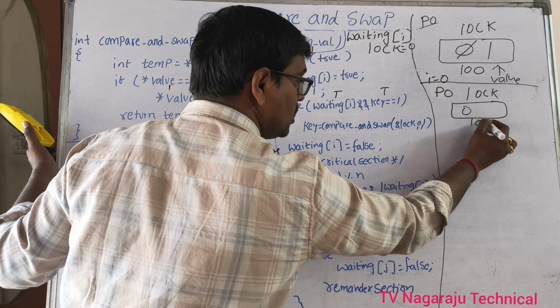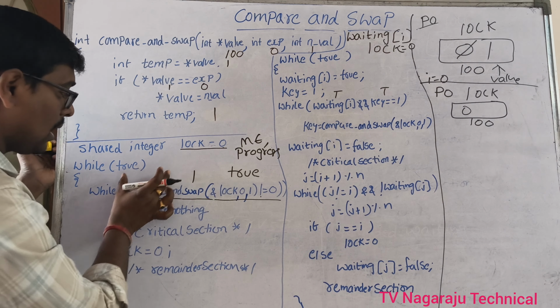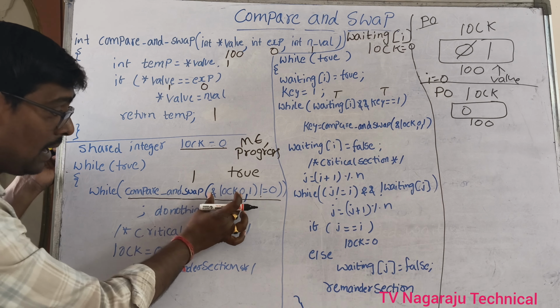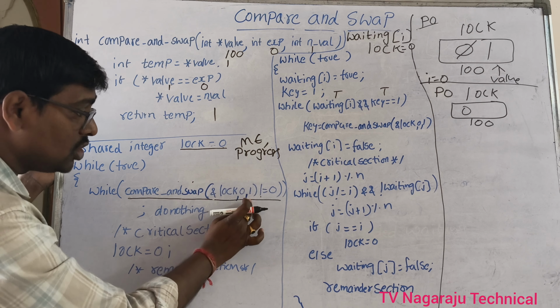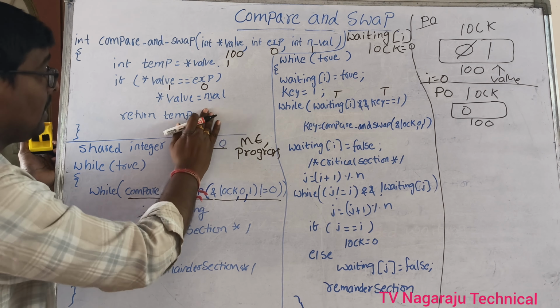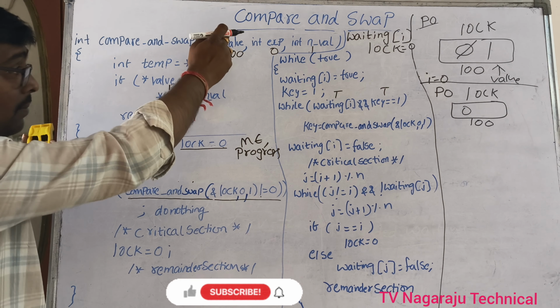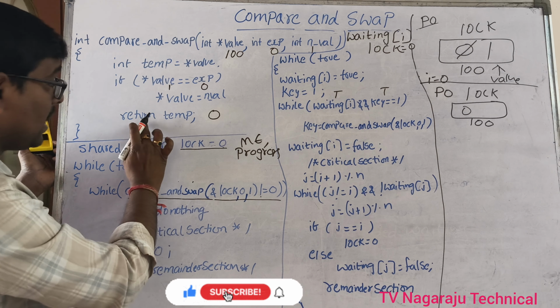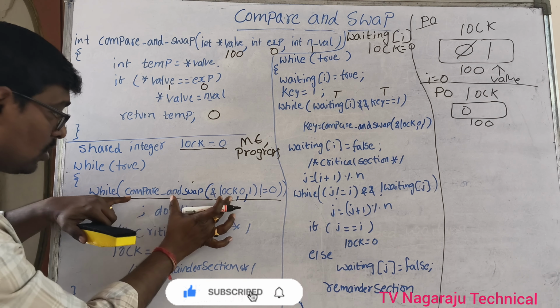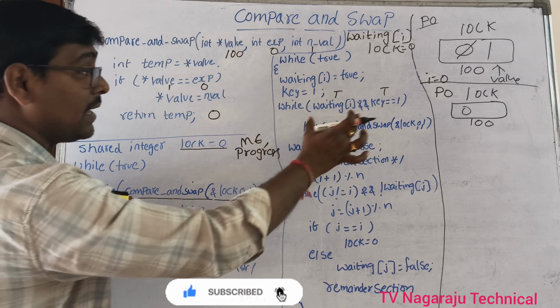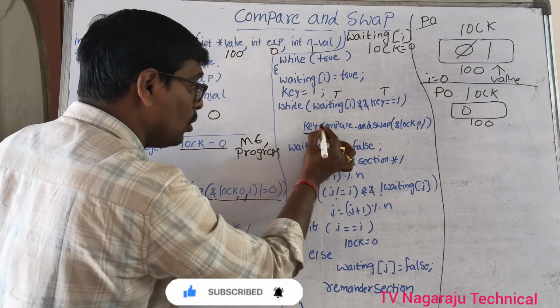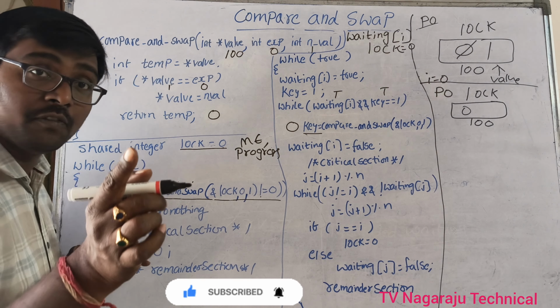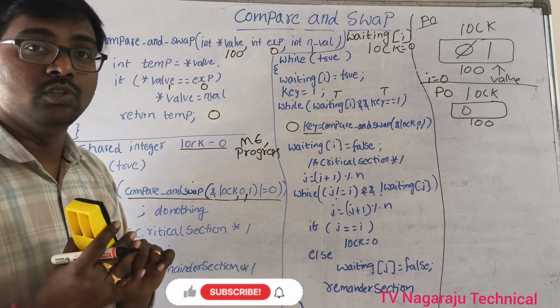So calling this algorithm with ampersand lock, 0, 1, internally it calls this algorithm. What it returns, we already discussed in the first step. Obviously it returns the value 0. Now what is the value of key? Key is equal to 0.